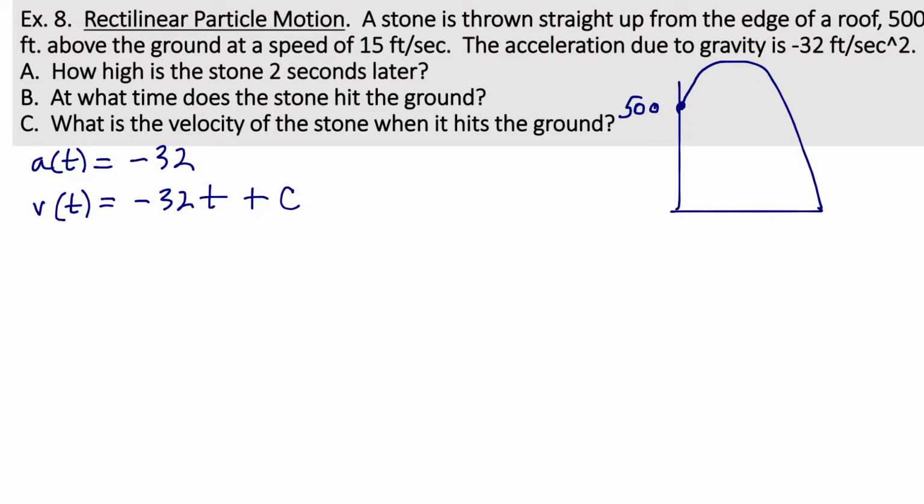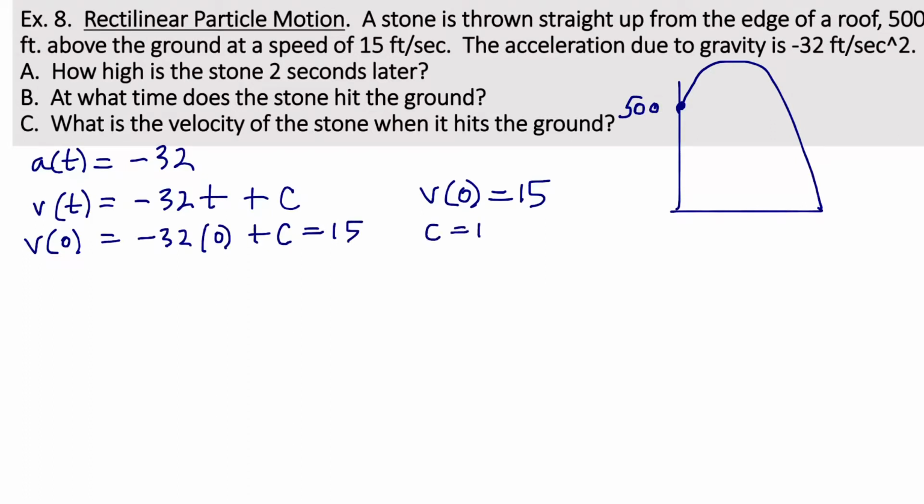So that means V of 0 is equal to 15 feet per second. That helps us to find C here. Negative 32 times 0 plus C is equal to 15. So that means C must be 15. So our velocity function is negative 32t plus 15.